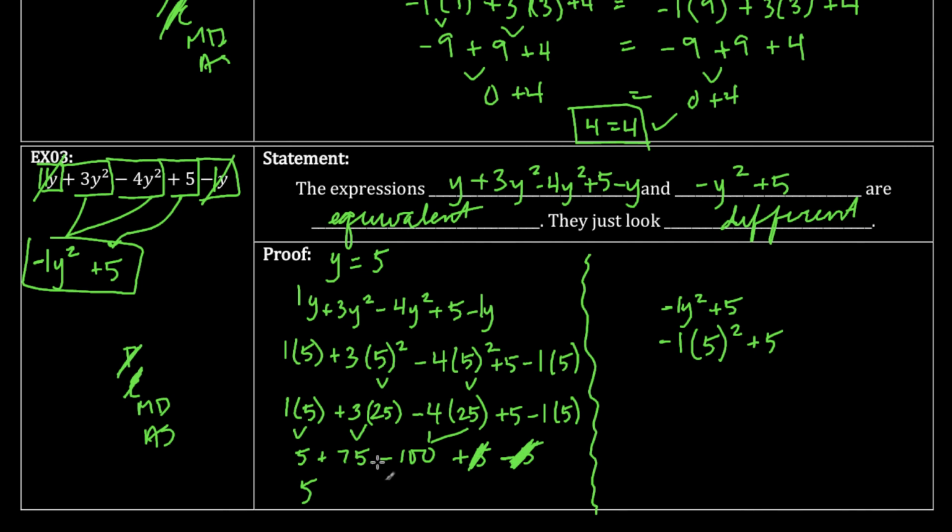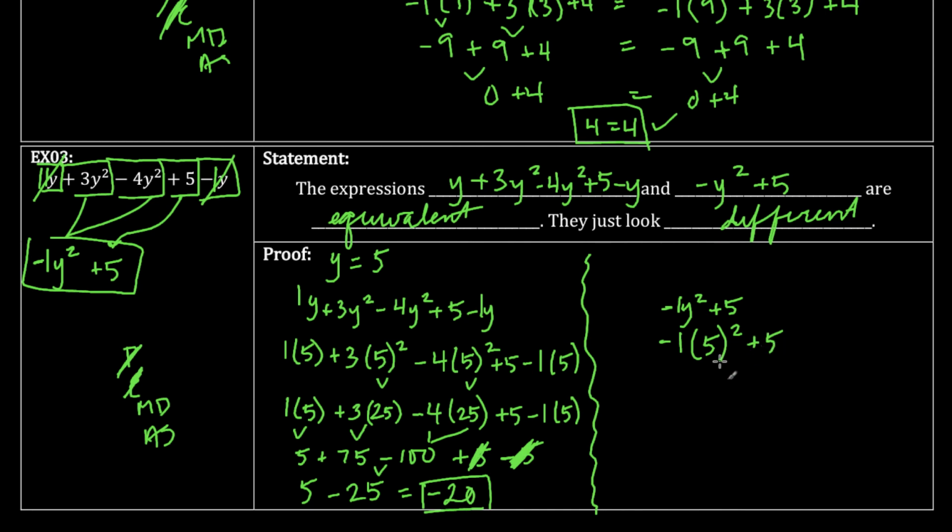Positive 75 minus 100 is negative, so minus 25. 5 minus 25, there's more negatives there, so you're going all the way past 0. So you end up with negative 20. The negative value here is more than the positive value here. It cancels out and has some remaining. So this whole long thing gave us negative 20.